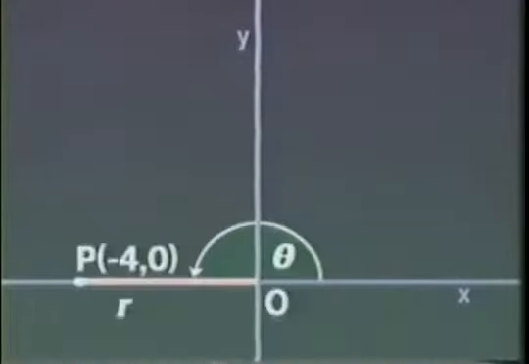Another special case occurs when theta is 180 degrees. At first glance, it appears that r is -4, but because we square the x and y coordinates, r is always positive.